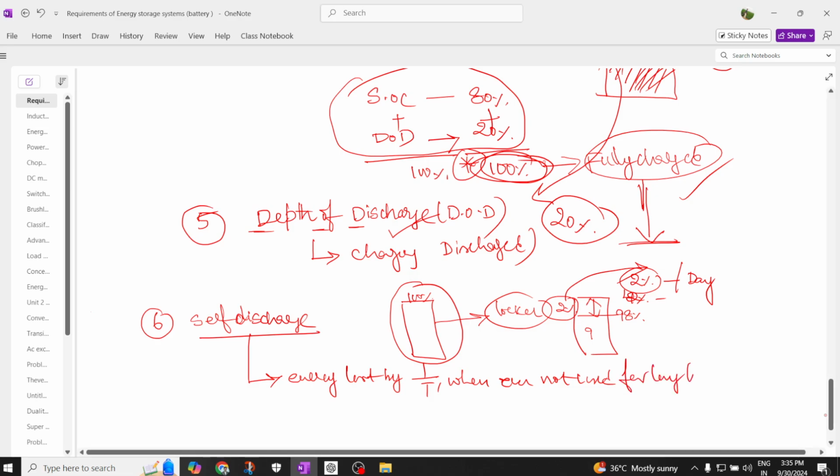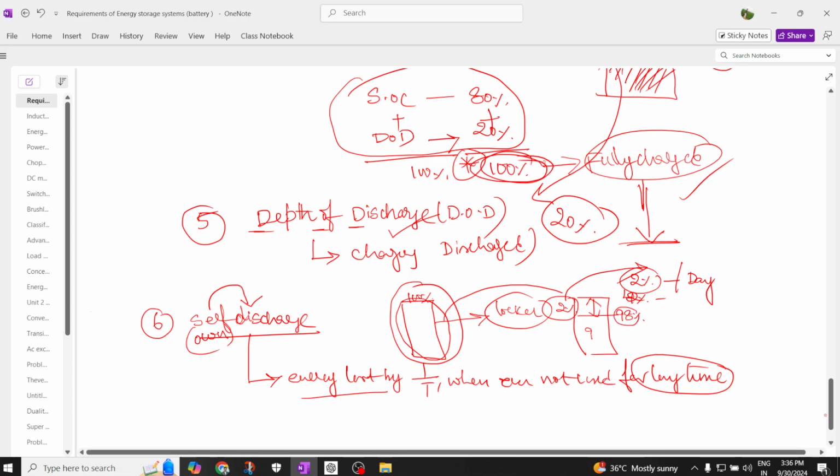If you're not using it for a long time, when you're keeping it in idle mode, automatically it undergoes self discharge or own discharge, where this 100% amount of charging available decreases its charging level to 98% in 1 day.